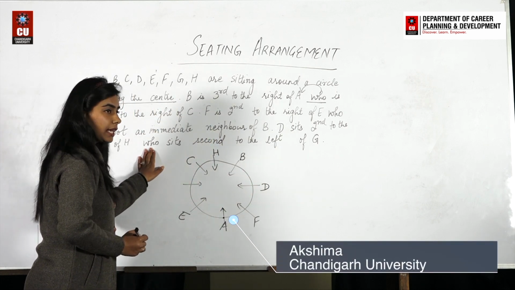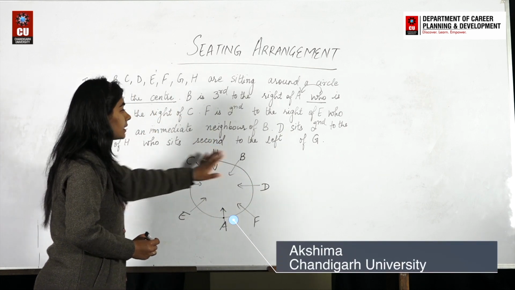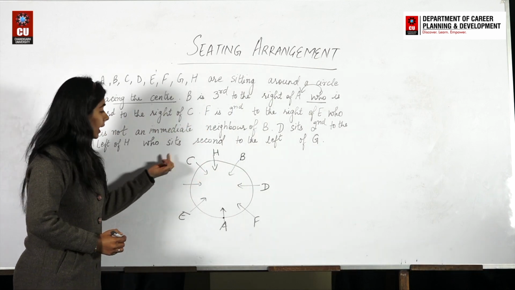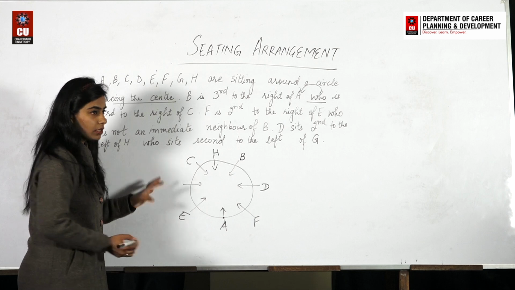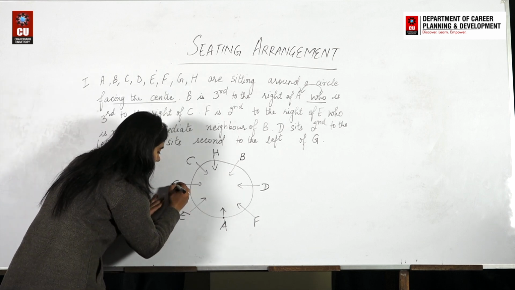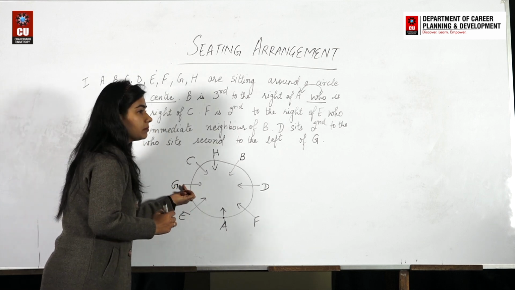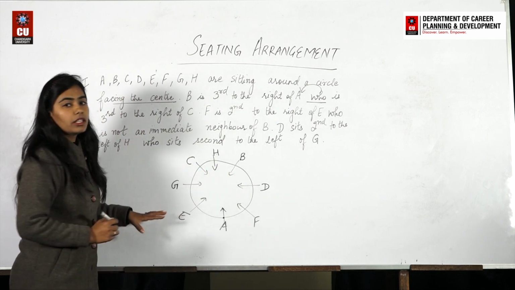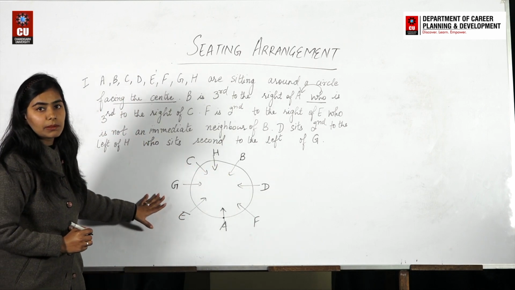Now the connector says H sits second to the left of G. Now we will place G here and H comes as second to the left of G. Now our arrangement is complete.